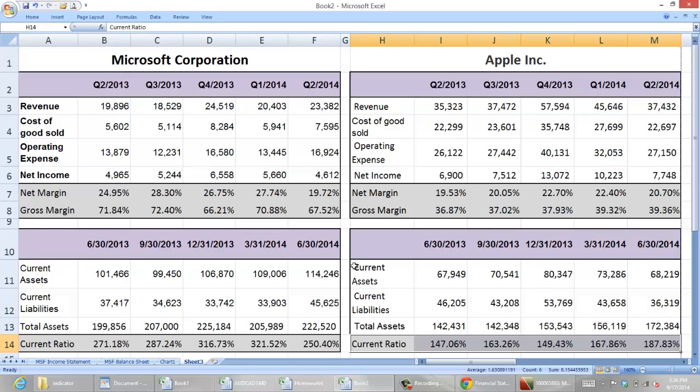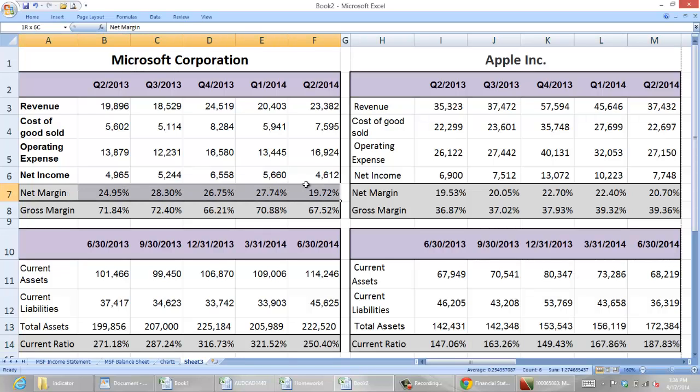So now let's look at the net margin ratio. How can we use it? The net profit margin here, at the second quarter of 2013 for Microsoft, is 24.95%. What does this mean?